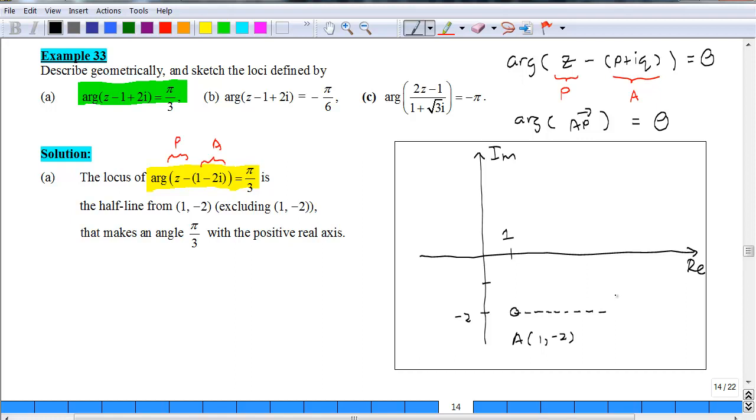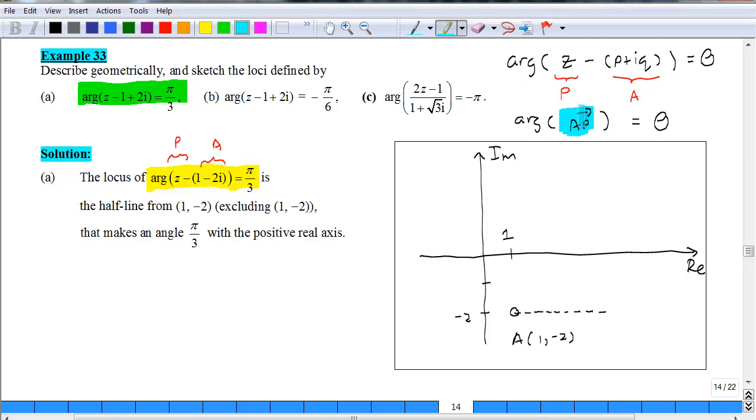From the point A, if you look at the vector representation of AP, it is as if you are saying that the argument of the vector AP is theta, meaning we are looking at what angle the vector AP makes with the positive horizontal. Now P, being the variable complex number, must lie on this half line.